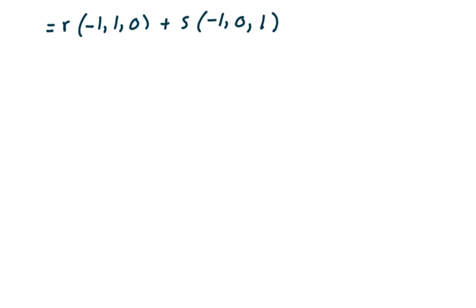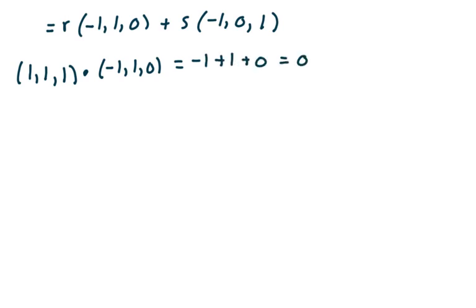And I want you to notice something. If I take each row vector of the coefficient matrix, so if I take (1, 1, 1), and dot it with (-1, 1, 0), notice how I get -1 plus 1 plus 0.